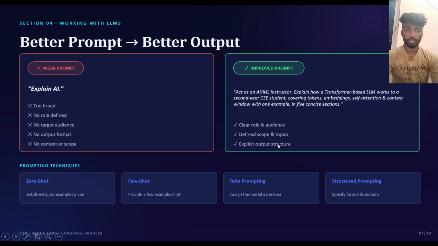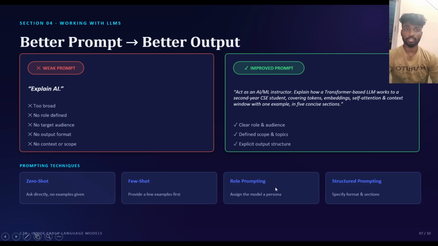An improved prompt can specify that the AI should act as an AI instructor, explain the topic to a CSE student, cover specific concepts and provide the answer in a particular structure. This gives the model more context and clear instructions.